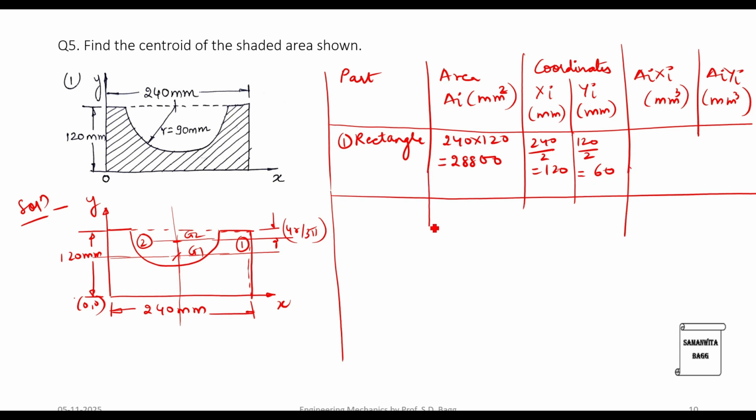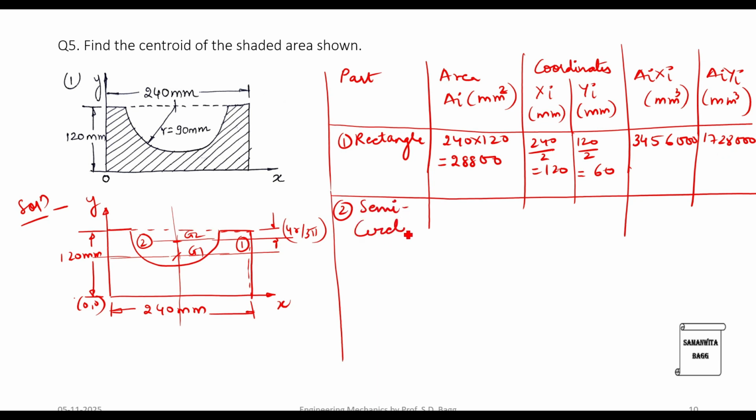Then we have to calculate ai into xi. So this value is 3456000, and ai into yi is 1728000.